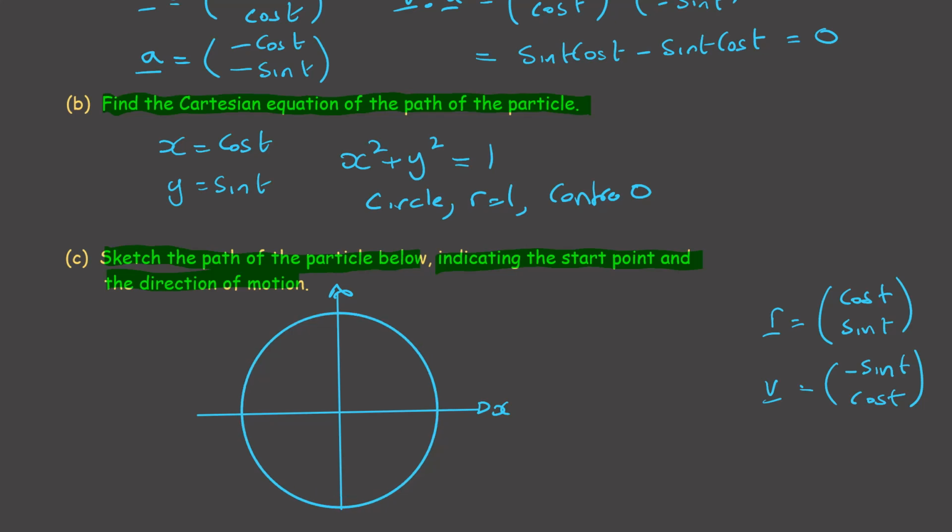That's pretty okay. And radius 1. Now when t is equal to 0, let's think about this. r would be equal to (cos 0, sine 0), which is (1, 0). So that is the start point.